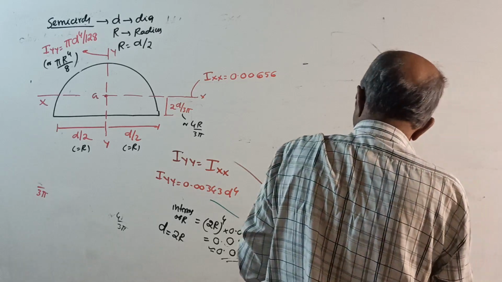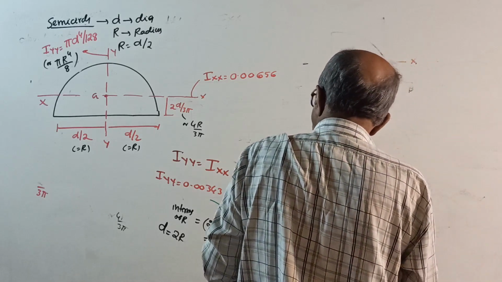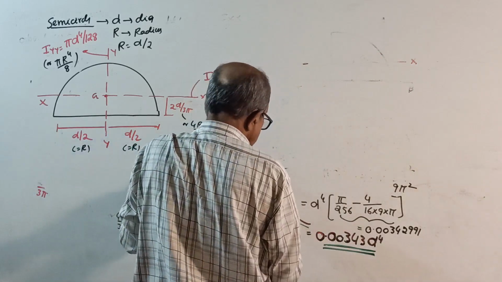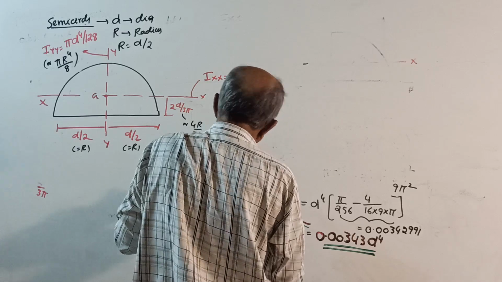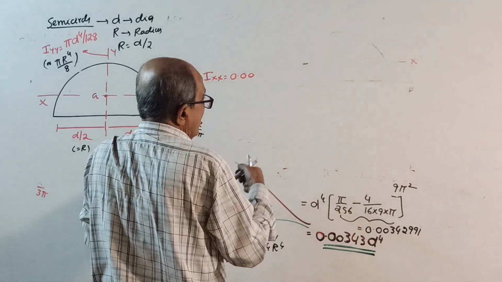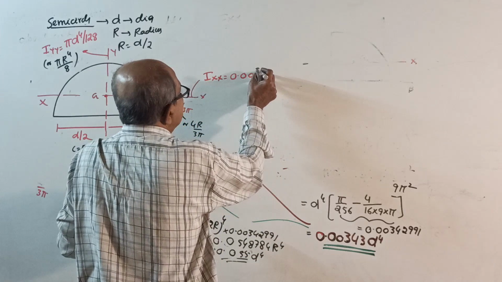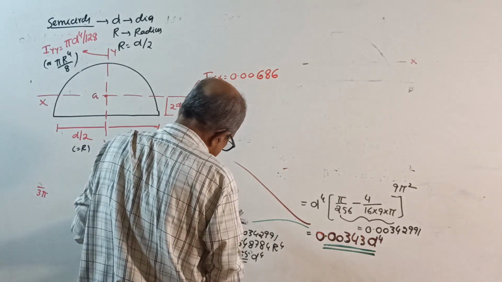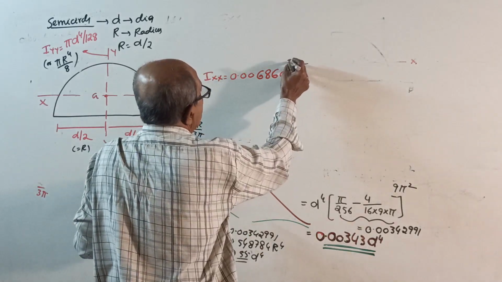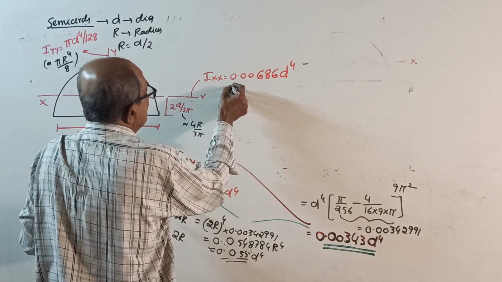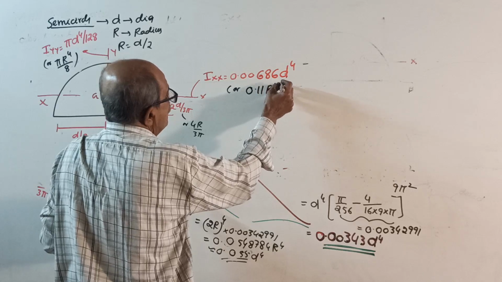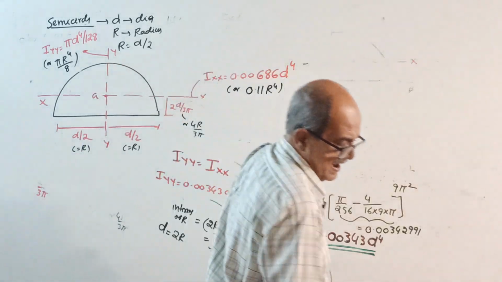It's not 656, it is 686. One small number missing. 0.00686 d power 4, or some people will tell 0.11 r power 4. Okay. Over.